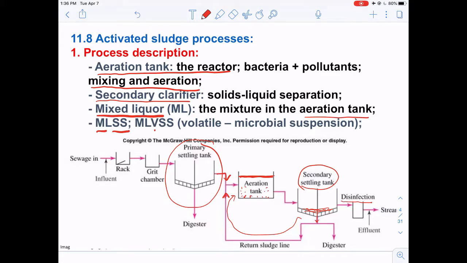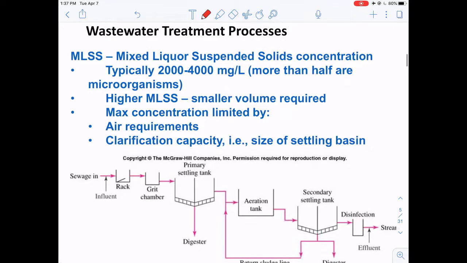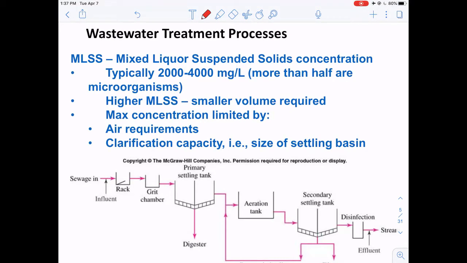Because of that, the MLSS is always going to be larger than the MLVSS, mainly because there are non-bacterial suspended solids in the effluent coming from the primary settling tank, right? Those are maybe rocks or salts. So the MLVSS, which is just for the bacteria or microorganisms, is going to be lower than the MLSS.